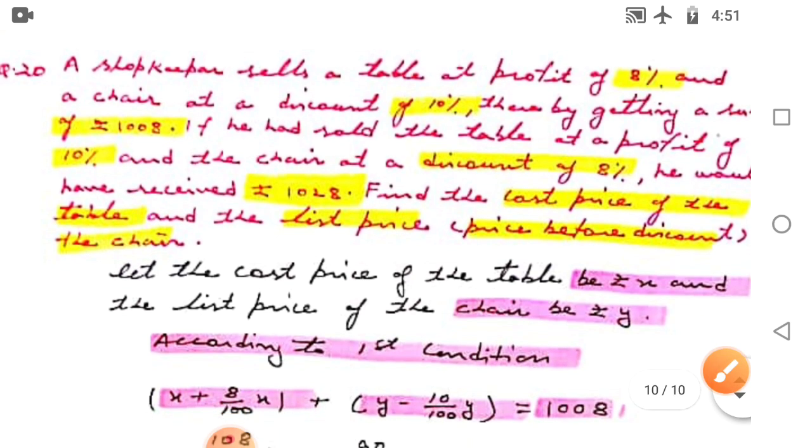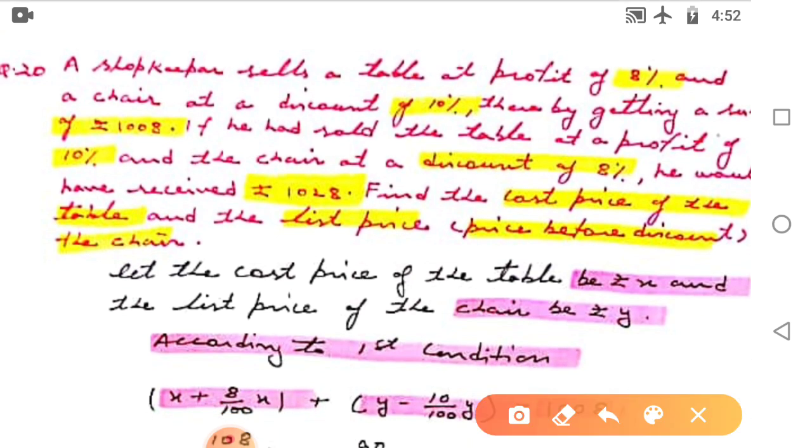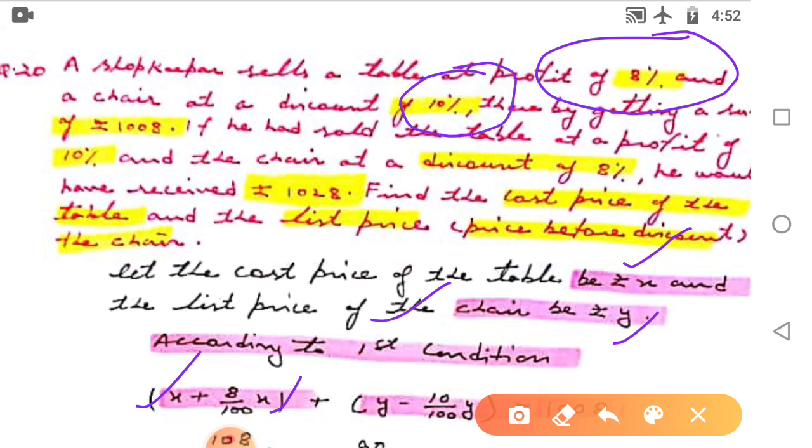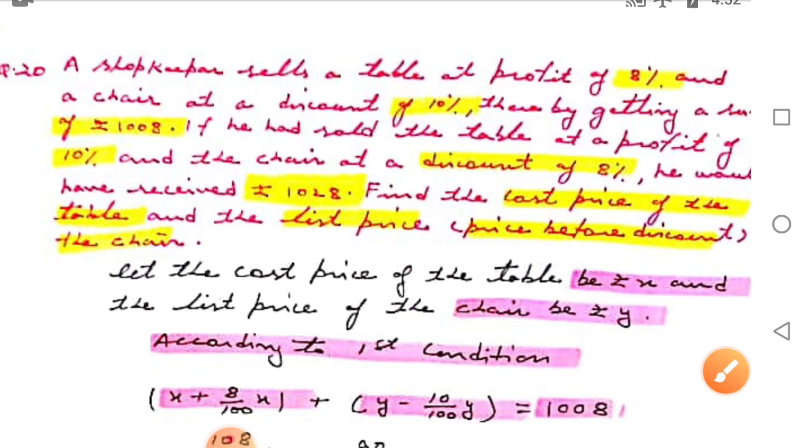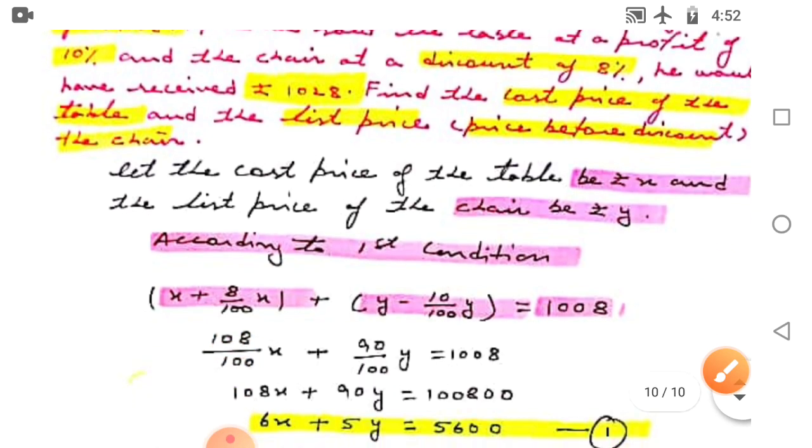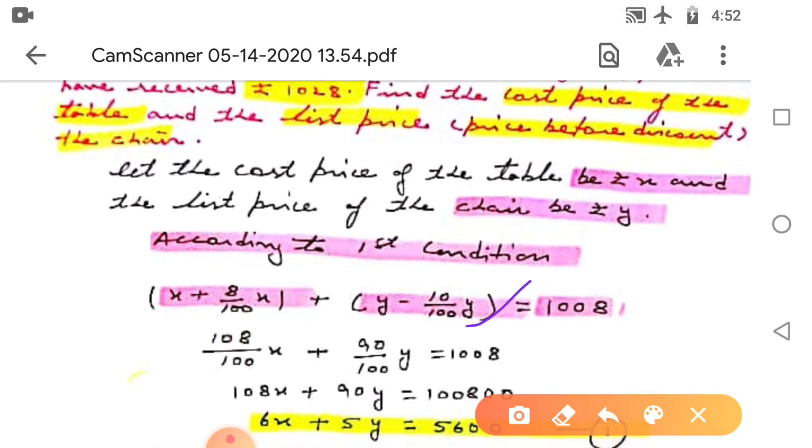Clear? Question simple, right? Let the cost price of the table be x rupees and the list price of the chair be y rupees. Clear? The first condition is saying profit on the table is 8%. So the cost here is x plus 8% of x, that is x plus 8 upon 100 into x. But the discount on the chair is 10%, so here we write y minus 10% of y, that is y minus 10 by 100 into y.